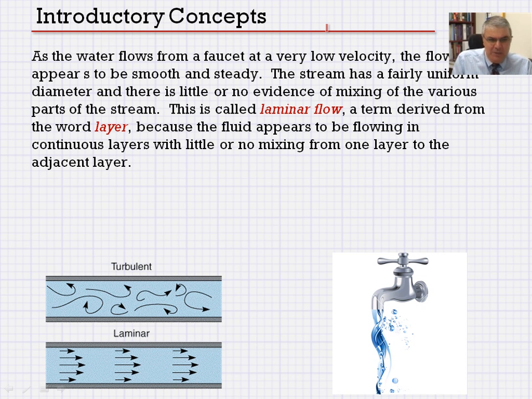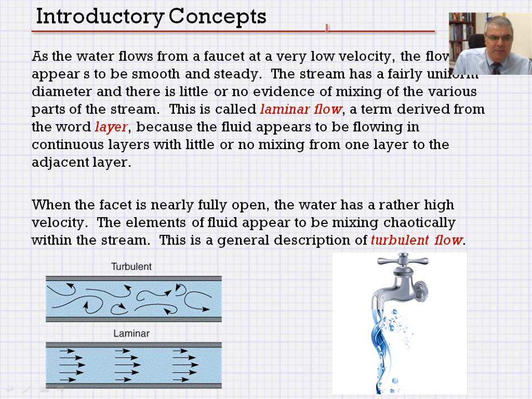And there are also transition areas between laminar flow and turbulent flow. As we are gradually turning on the faucet, there will be some area in which the laminar flow starts to turn into turbulent, but it's not completely turbulent.